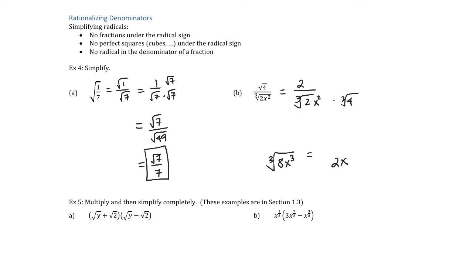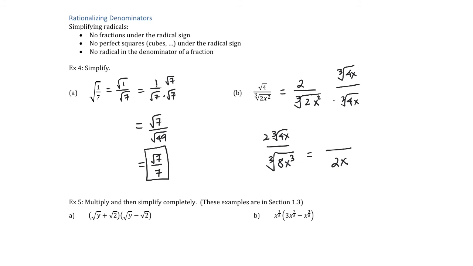And in terms of the variables, I only have an x squared, so if I multiplied by another x under that cube root, then I would get my perfectly cube rootable x cubed. So what I do to the denominator, I need to make sure I do in the numerator as well. So then multiplying straight across there, I would get 2 times cube root of 4x.